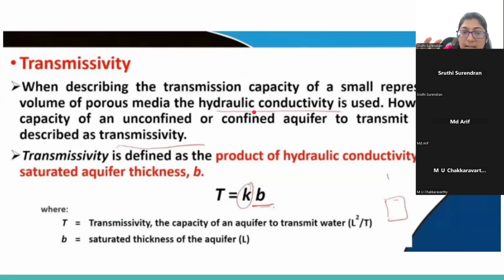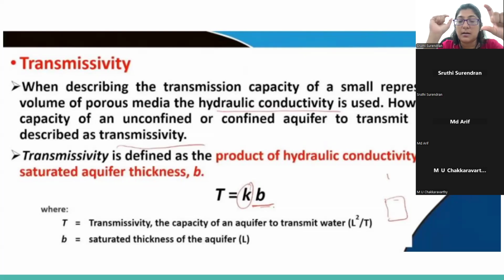When you take out a small portion of the porous media, say 5 meter cubes, the amount or capacity of that portion of the porous media to transmit water is depicted by transmissivity.